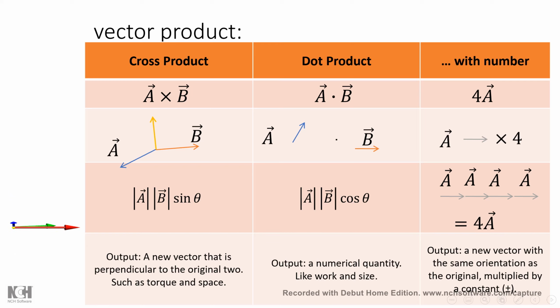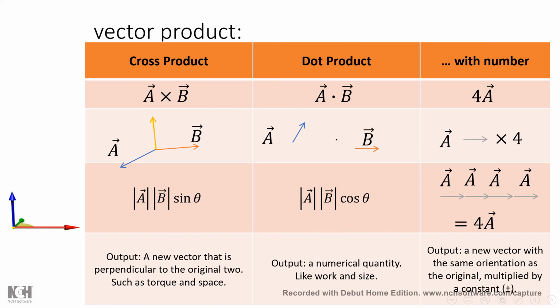The resultant vector, if this is A and this is B, is a vector also, and this vector is perpendicular to B and A. If we have the red vector and the green vector, the cross product between them is the blue vector.